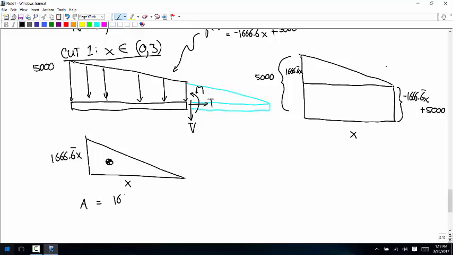The area is 1666.6 repeating x times x divided by 2, so 833.3 repeating x squared. Yeah, so the centroid is just going to be x over 3. No, we don't have to do that. You could do that, but it's one extra step. You might as well just represent these as two separate point forces, one for the triangle and one for the rectangle. Yep, same answer.